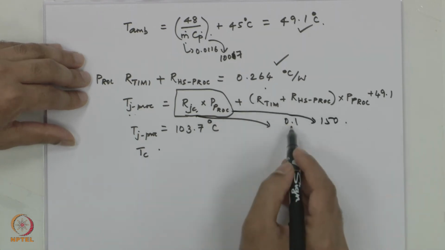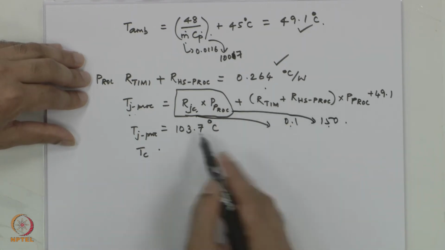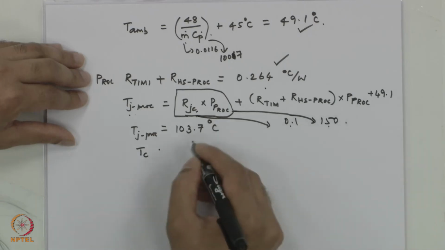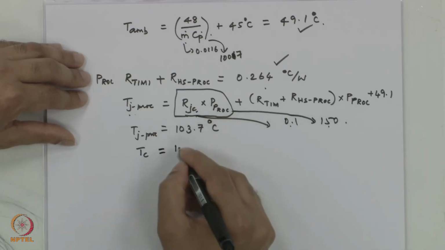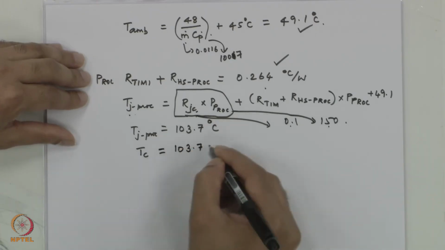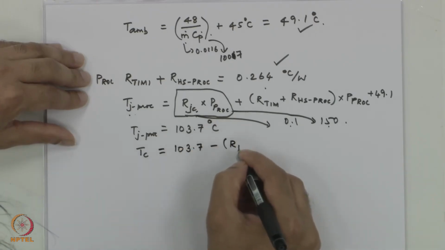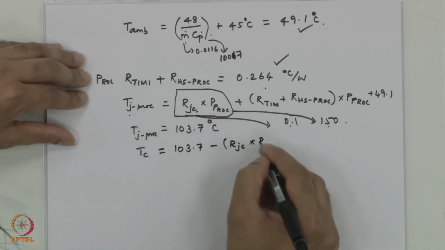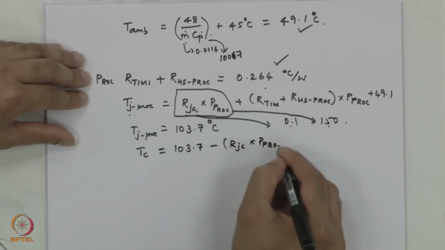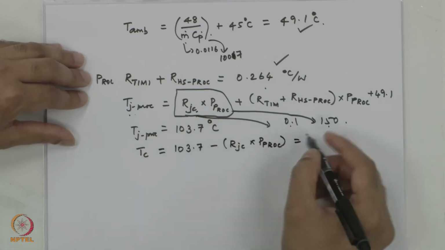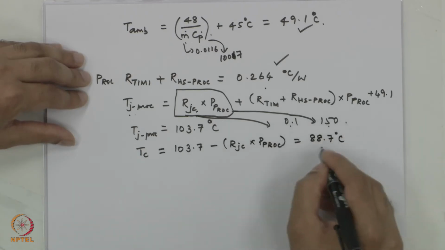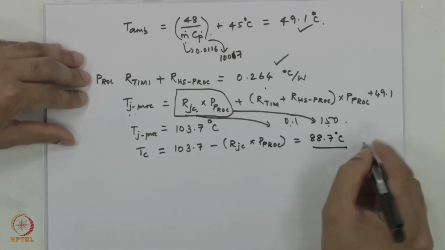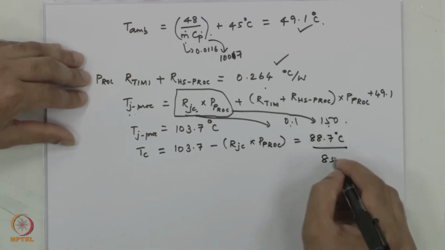So you have to subtract 15 degrees from 103.7, that is, minus RJC times the processor power, which gives me 88.7 degrees Celsius. But the problem states that this cannot exceed 85 degrees C.